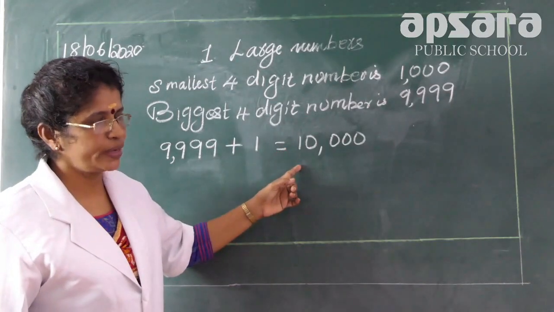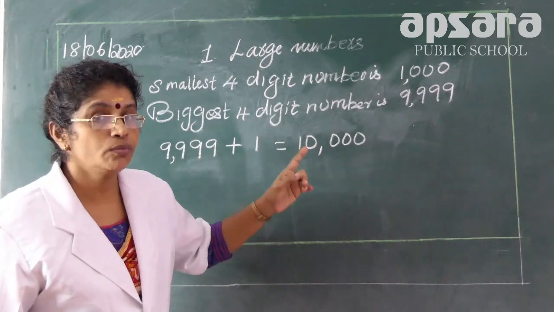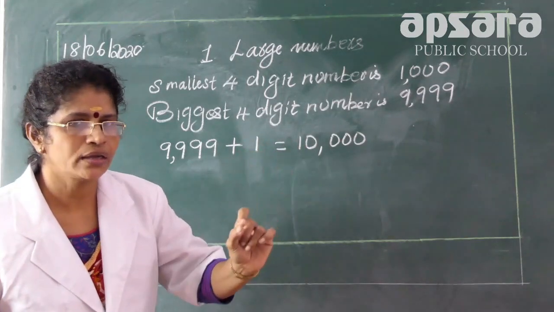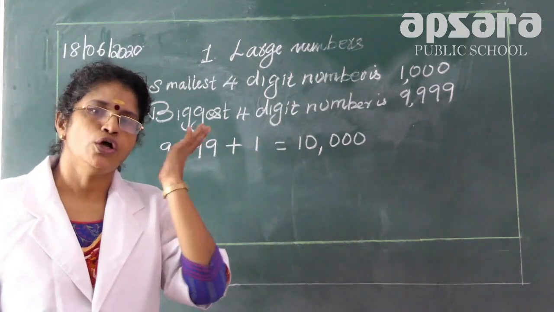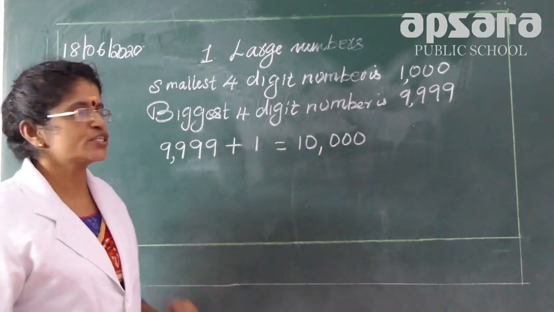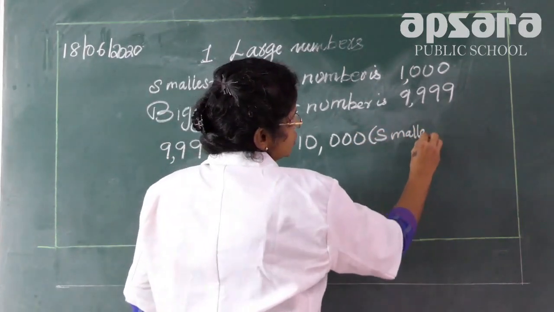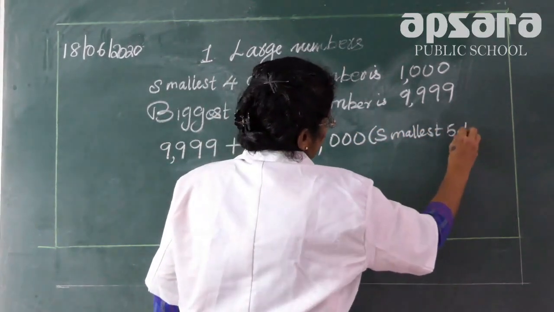I think most of them might have heard about the 10,000. If I ask you what's the cost of your mobile phone in your hand, it's a cost of 10,000. Most of them know it. So this is the smallest 5-digit number.